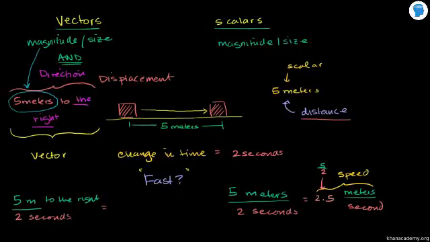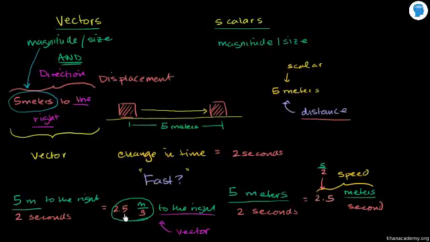We get, once again, 2.5 meters per second to the right. So is this a vector or a scalar quantity? I'm telling you the magnitude of the speed, 2.5 meters per second, and I'm also telling you the direction, to the right. So this is a vector quantity.